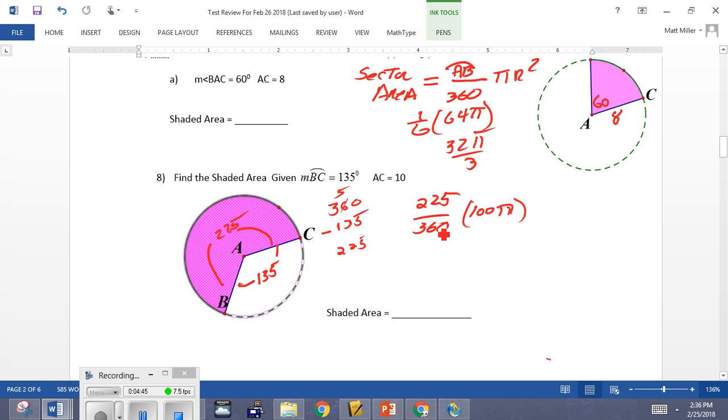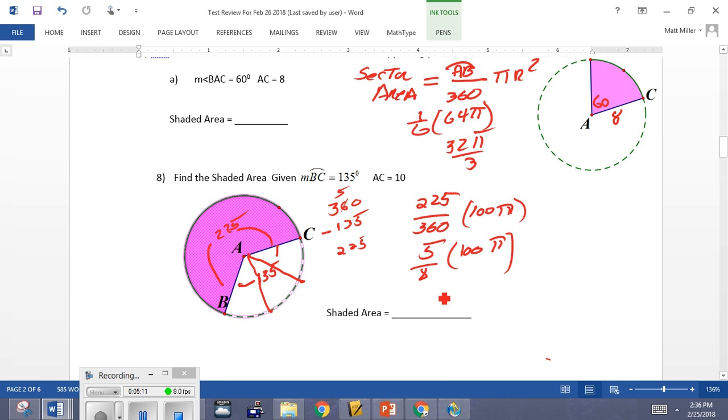Now, I should know that 225 over 360 will simplify as a fraction. I'm thinking 135 splits up into 3 equal 45s, so 135 is 3/8, so that makes 225 5/8 of 100 pi.